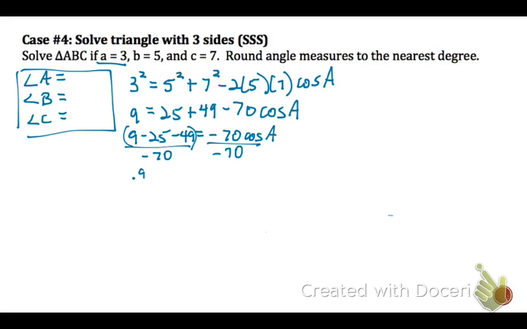Now I've got a cosine of 0.928, etc. And then I'll use that inverse cosine function. Second cosine, pull back the answer. There we go. So an angle of 22 degrees.